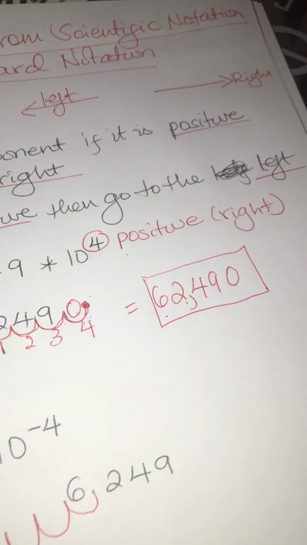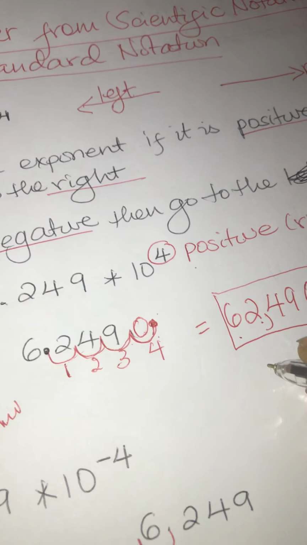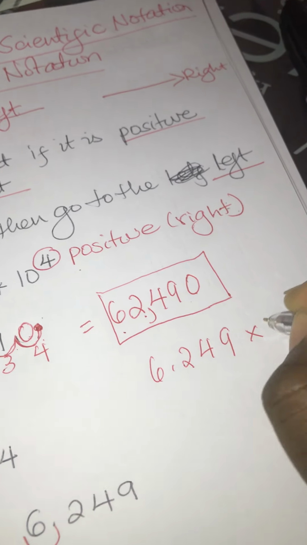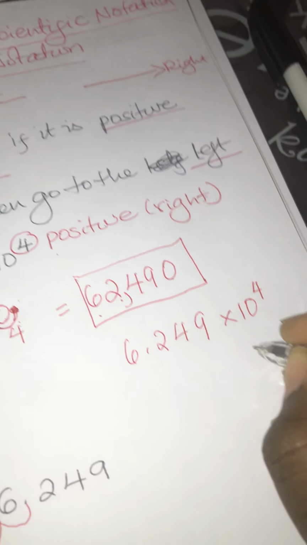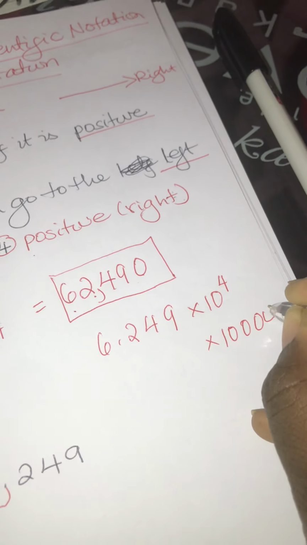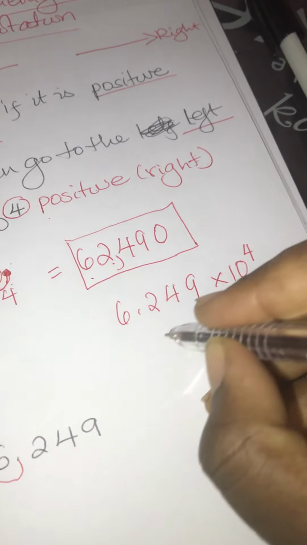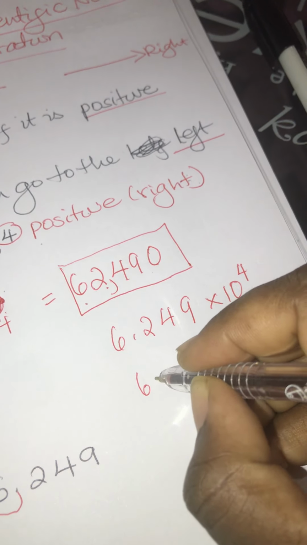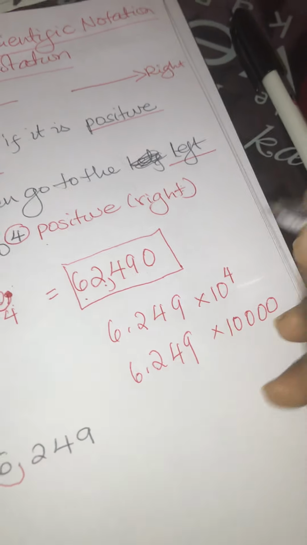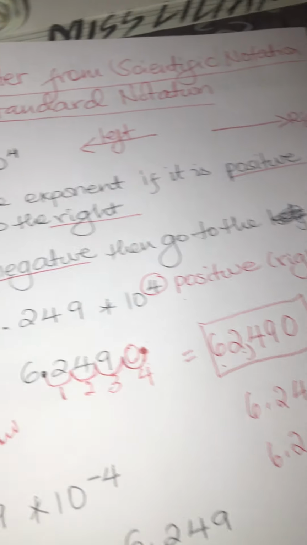I can check. So my check would be times 10 to the 4th power, which means 1 with 4 zeros. And then I write my coefficient. This is me checking. I am checking to make sure my work is correct.